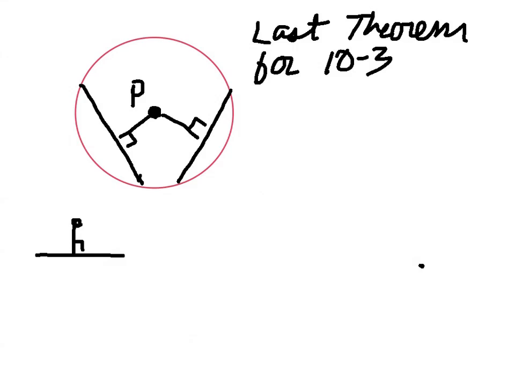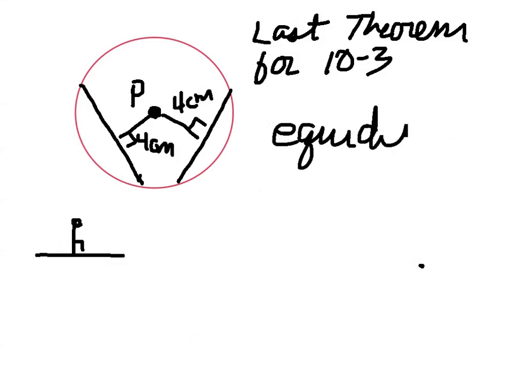And if I were to label these both 4 centimeters, then that would mean that the two chords are equidistant from the center, which means they're the same distance from the center.